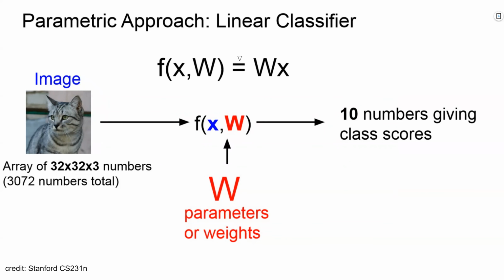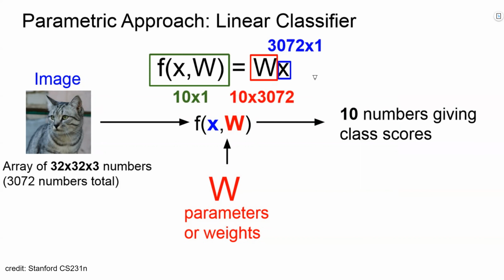A linear classifier looks like this. The weight W is multiplied by the flattened input X. Because we want to generate 10 numbers representing the class score for each class, the input image X has the dimension of 3072 by 1, and W should have the dimension of 10 by 3072.